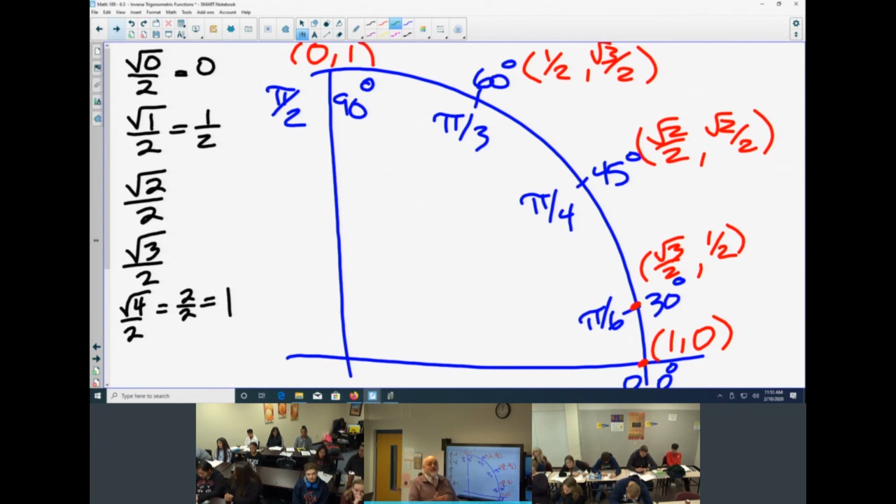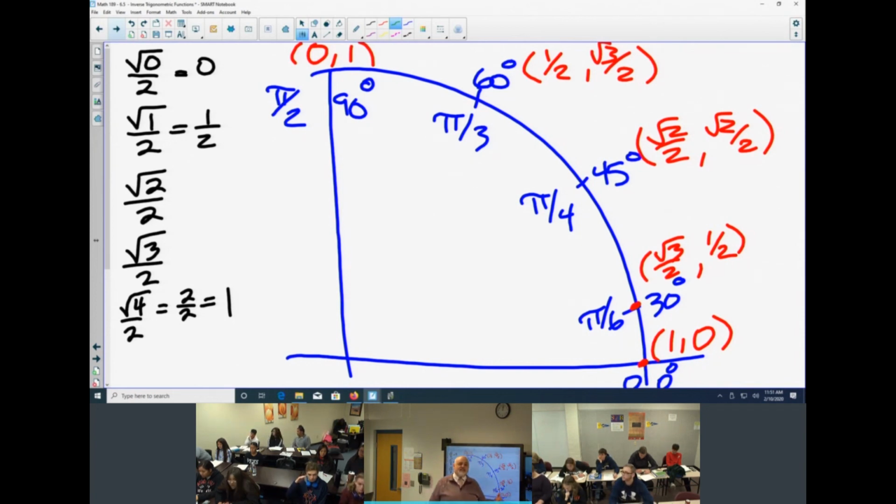When I was a trig student, I had to memorize the whole thing. I don't care if you print it out and have it available, but you need to know how to use it. The more familiar you are, if I just say, what's the cosine of 30, and you can come up with radical 3 over 2, that will help you.